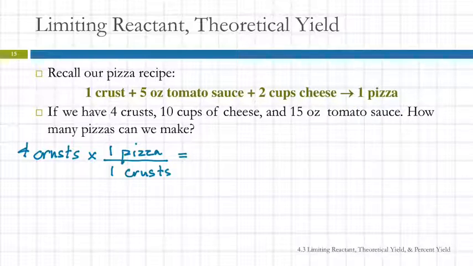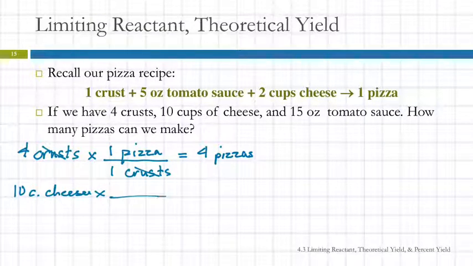And so we say, well, that's kind of silly to even write that out, but it's practice. Okay, well, 4 pizzas. Make that plural. We did the 10 cups of cheese one already, but let's just do it again. Again, we're trying to figure out how many pizzas, so we'll divide by cups of cheese.